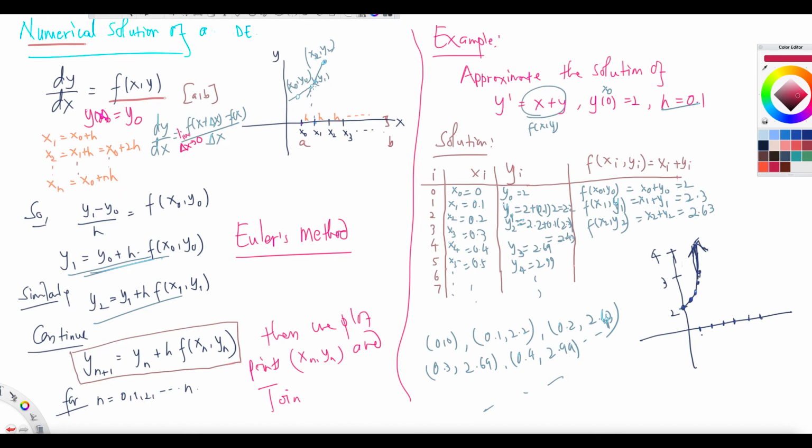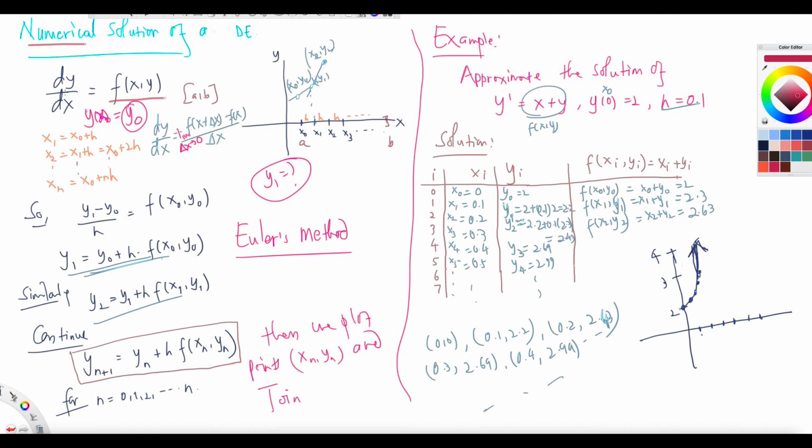Now to find the height y1, y0 is given. At x0 the height y0 will be given to you. To find the height at y1, we use the derivative.